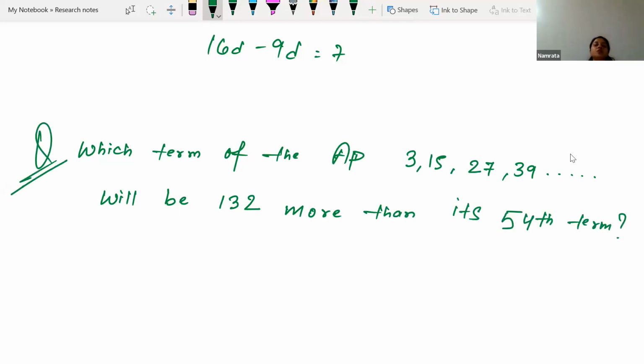Anyone? Which term of this AP will be 132 more than its 54th term? How to do that? Any idea? Anyone, please try it at least.